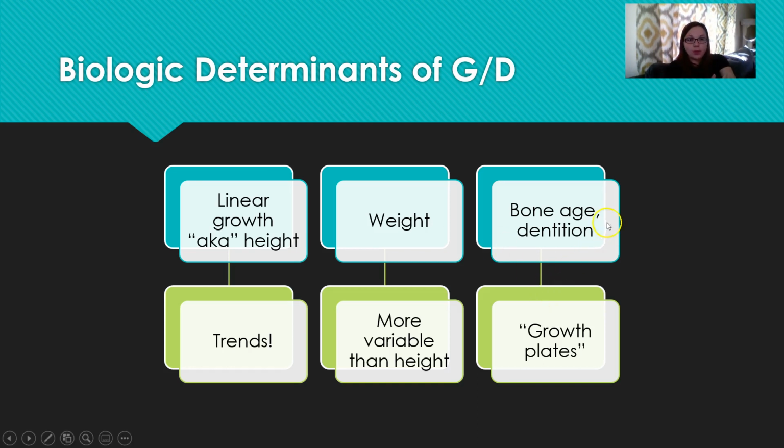And then a quick blurb about the bone age dentition. I think you've probably heard more about growth plates than these pieces. So bone age and growth plates. If a kiddo breaks their arm or their wrist and they go in and they get x-rays, we're looking at the growth plates. Have they closed? Are they open? Where are they at?